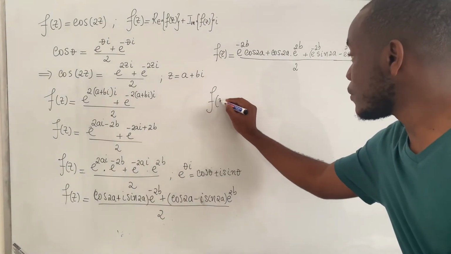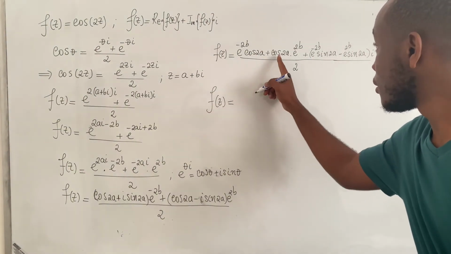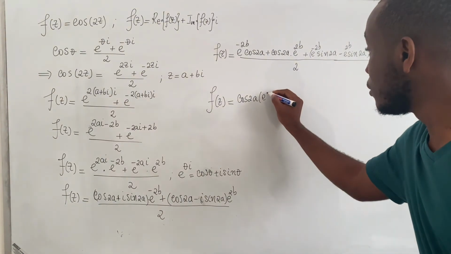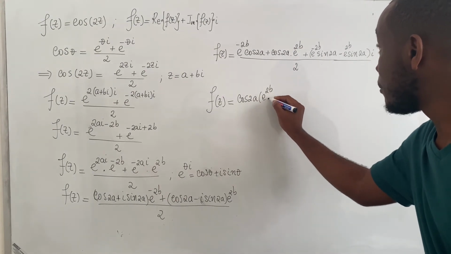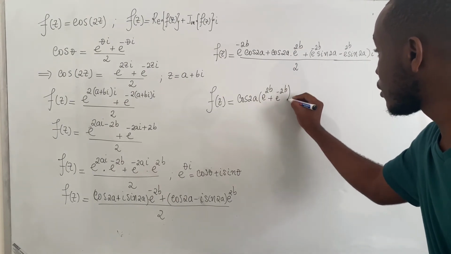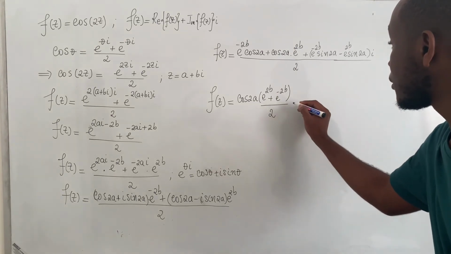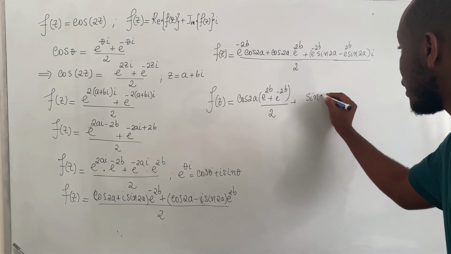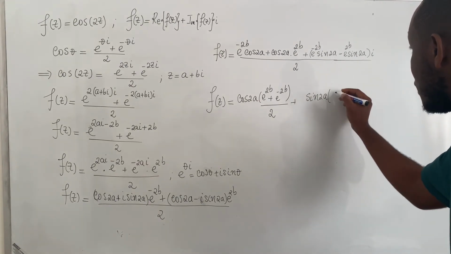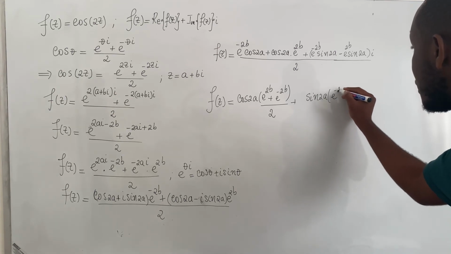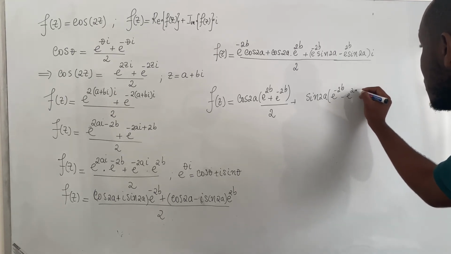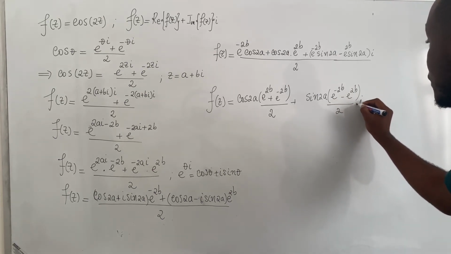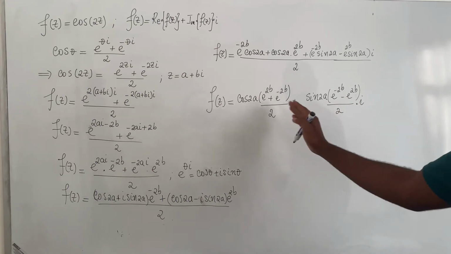So that means f of z can be written as, we can factorize cos of 2a, so we're going to have cos of 2a times (e to the power 2b plus e to the power minus 2b) over 2, plus, here we can do the same, we can factorize sine of 2a, times (e to the power minus 2b minus e to the power 2b) over 2i, because the denominator we can separate them.